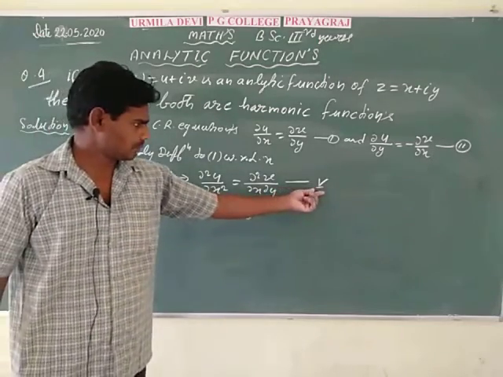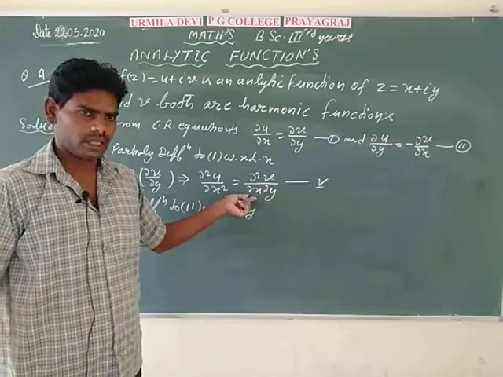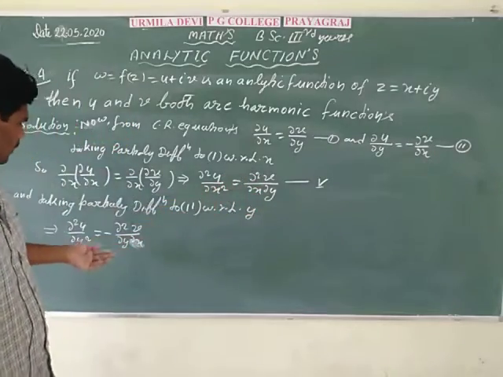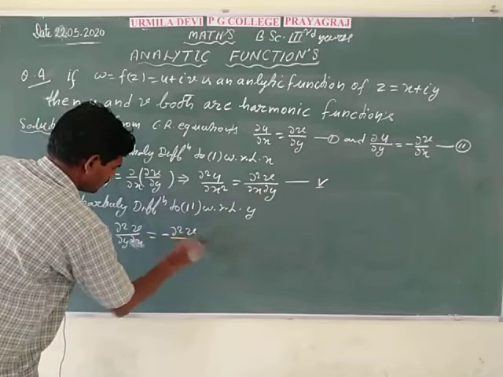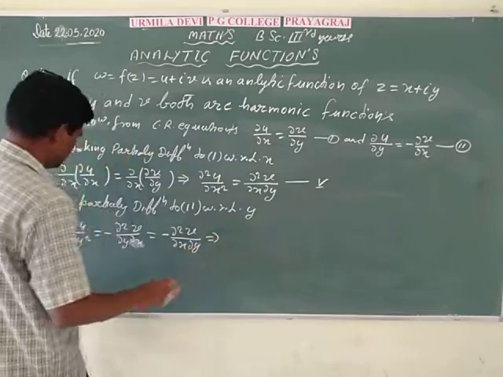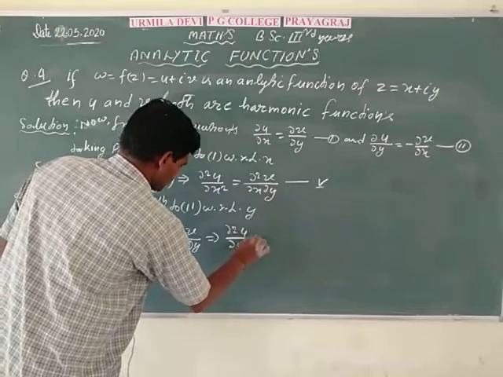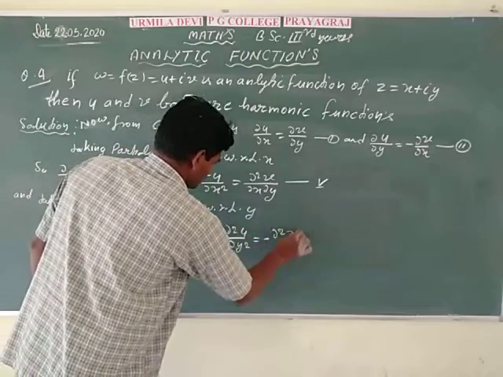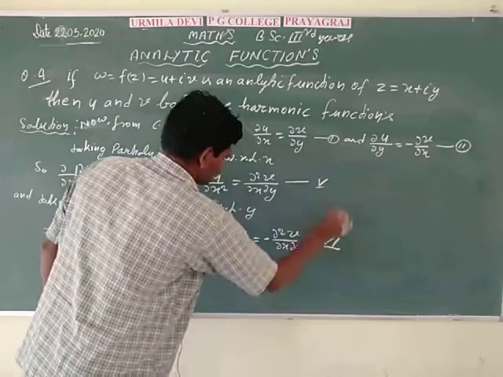In equation fifth, the right-hand side is del square v by del x del y, so it is also equal to minus del square v by del x del y. It implies that del square u by del y square is equal to minus del square v by del x del y, which is equation 6.